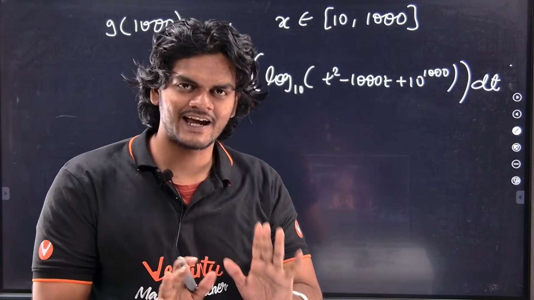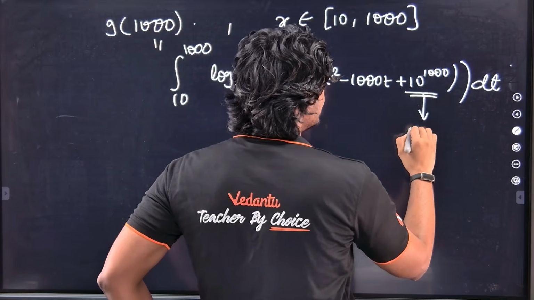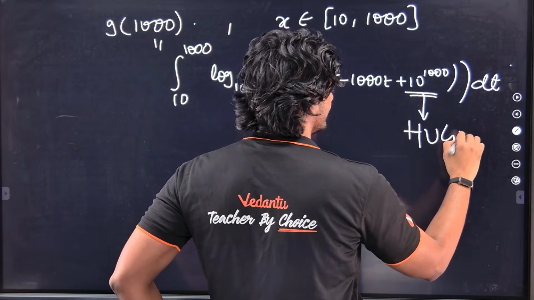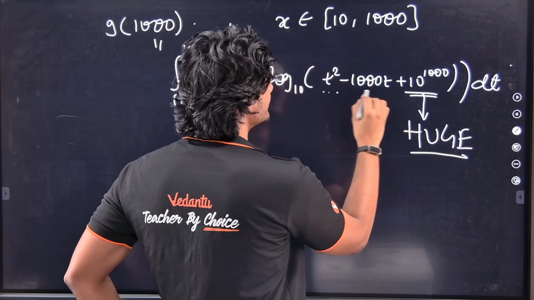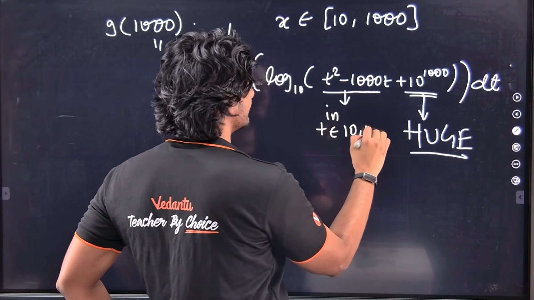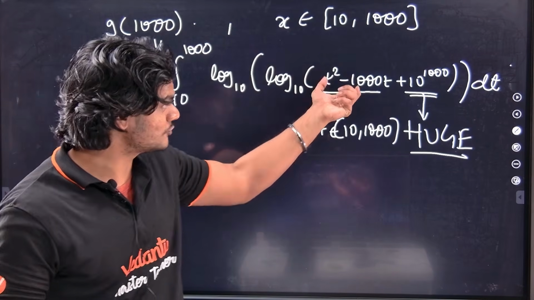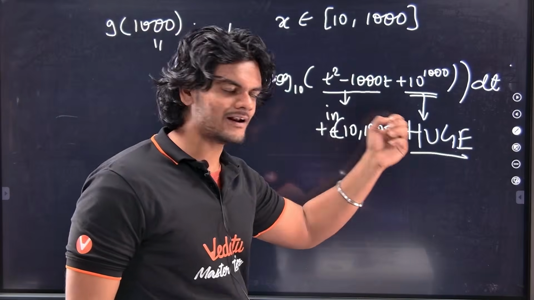Do you understand that this is huge compared to this, for t belonging to 10 to 1000? 10 to 1000 is nothing for this. This is huge. All right.